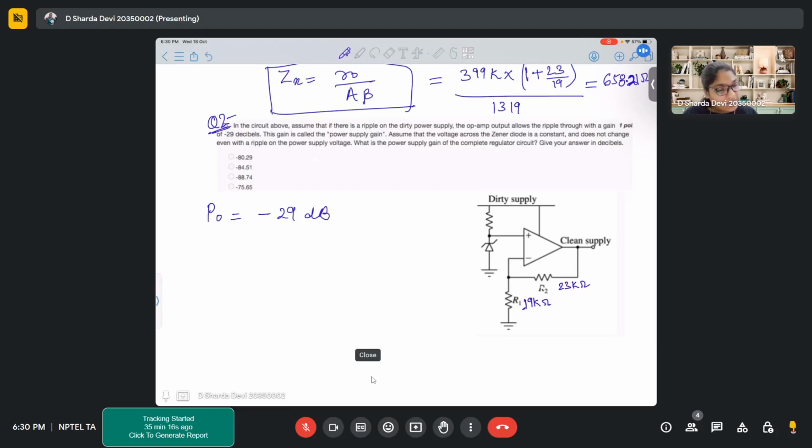And assume that the voltage across the Zener diode is a constant and does not change even with a ripple on the power supply voltage. What is the power supply gain of the complete regulator circuit?